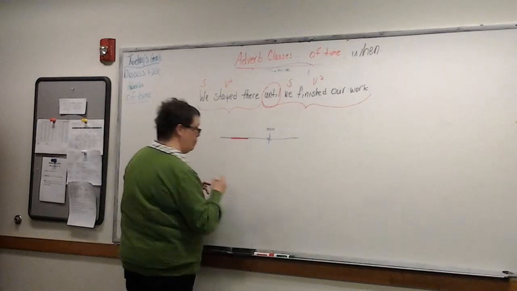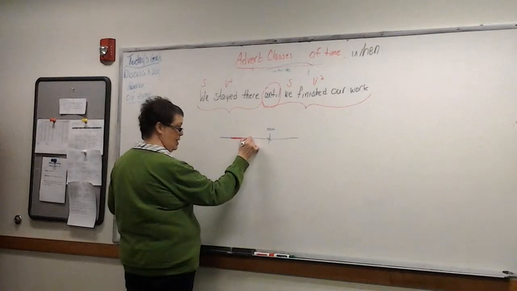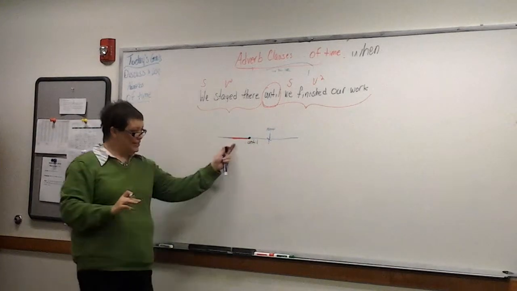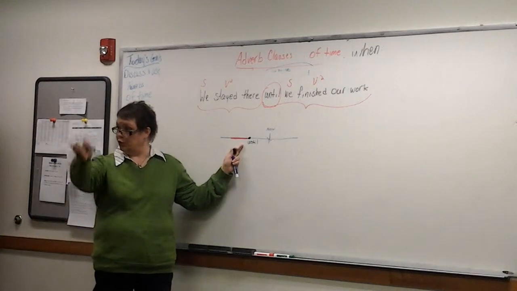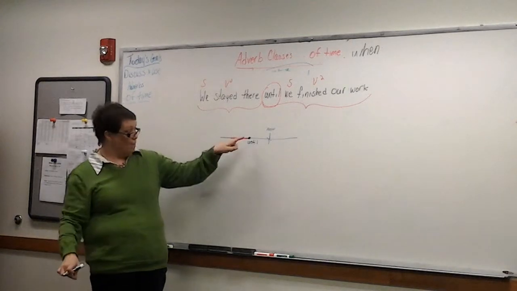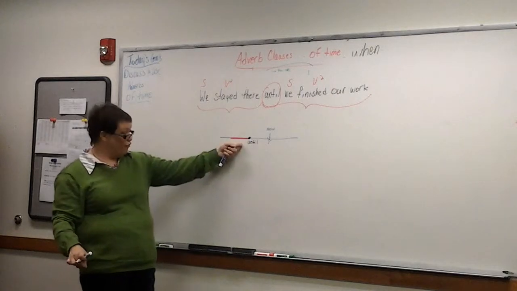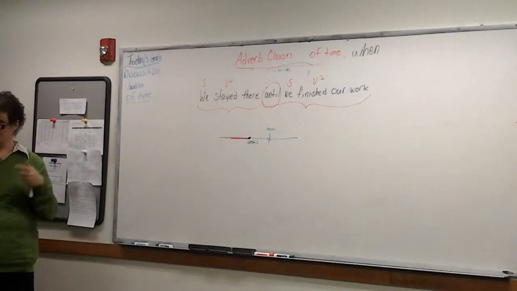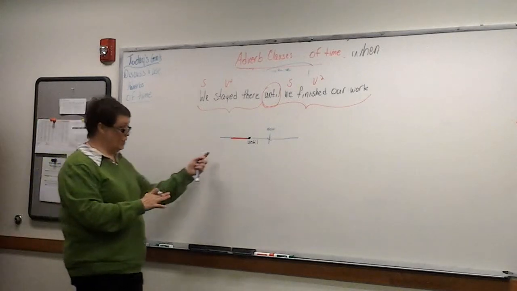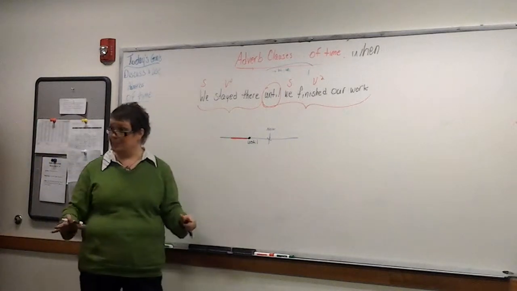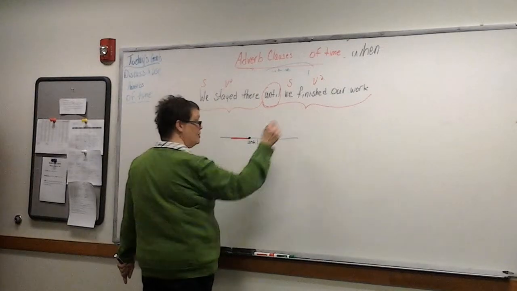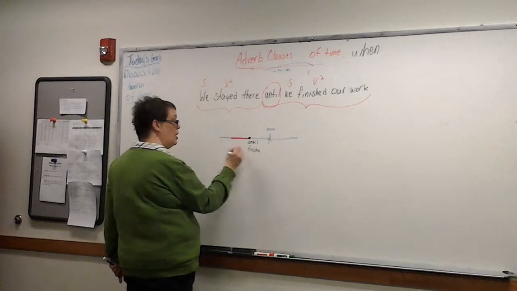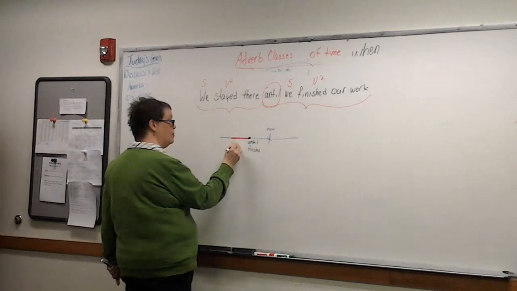I'm going to draw a black dot. This is our until. All of this happened up to a certain point. When that point happens, this first action stops. That's what until does for us. Something goes on and then stops when the next action happened. Finished. All this time we stayed.